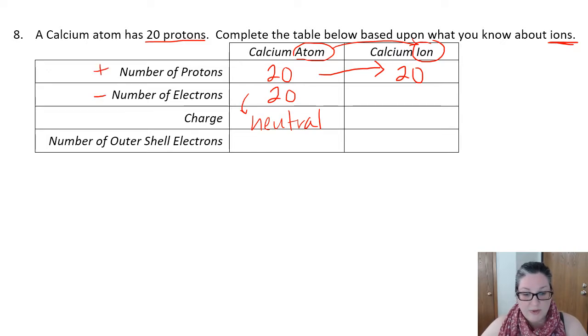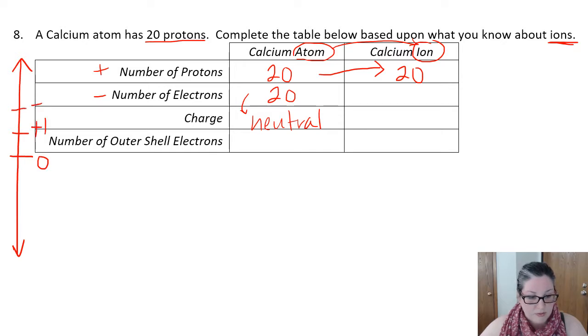Electrons are negative, and if we add those up, think about a number line. Look over here on the left. If we have 0, then we have +1, let's say +2, +3, and if we go down, -1, -2, -3.